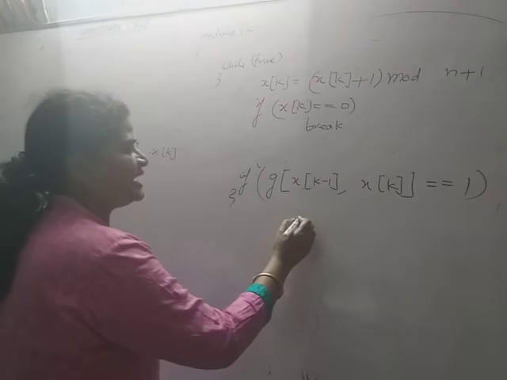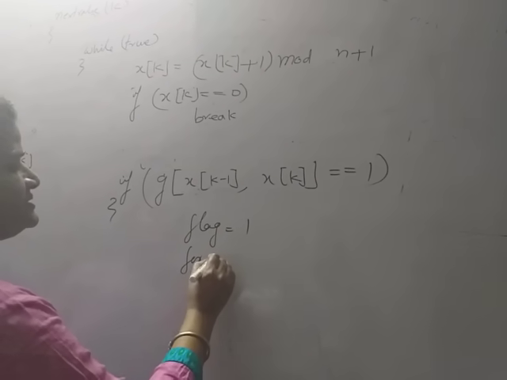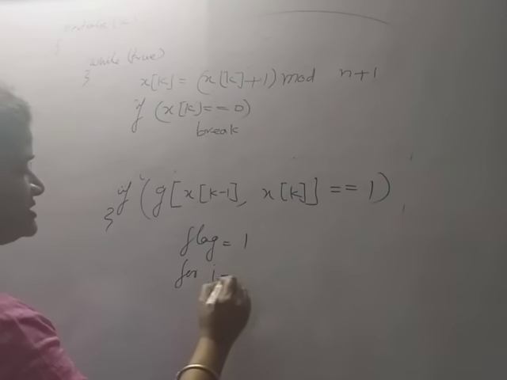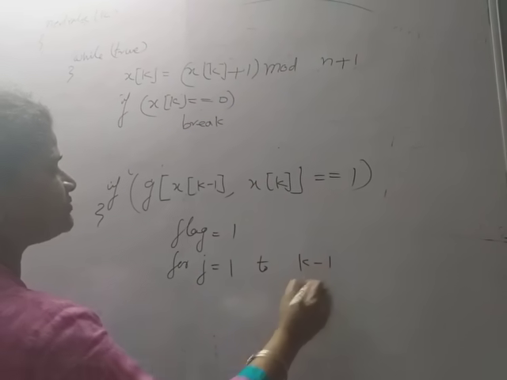So here I will take flag equal to 1, for j equal to 1 to k minus 1.